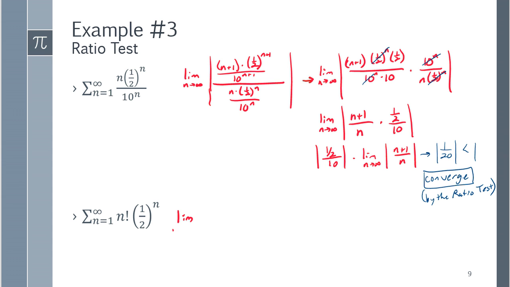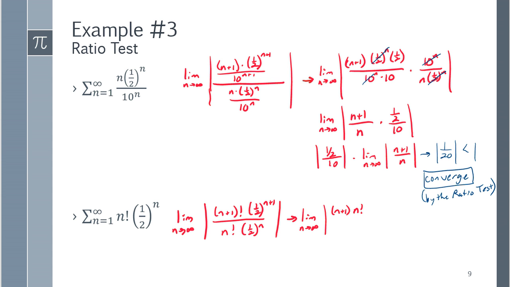So I'm doing the limit as n goes to infinity of the absolute value, to make this all non-negative, of the n plus first term compared to the nth term. So the n plus 1 factorial is the same as n plus 1 times n factorial. 1/2 to the n plus 1 is the same as 1/2 to the n times 1/2 to the first.